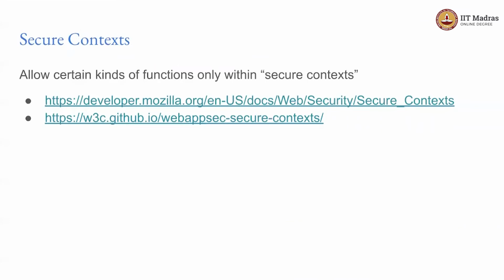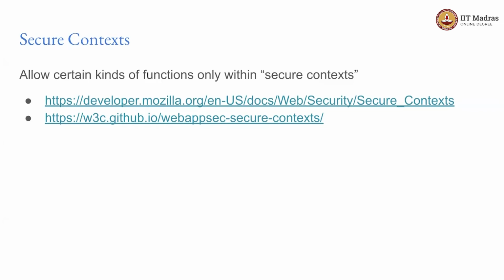There is also a notion of something called a secure context, right? And a secure context is essentially brought in with the idea that within a browser, there might be certain kinds of things that should be allowed only within secure contexts. An example of this is the access to the camera and the microphone that are present inside a laptop or a tablet, right?